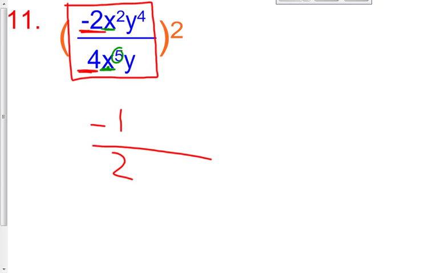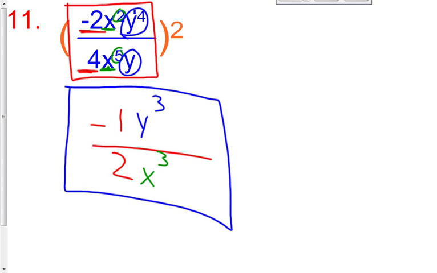So 5 minus 2 is x raised to the 3rd power. And now I have my y to the 4th divided by y raised to the 1st. So there's more y's in the numerator in this case. So I'm going to subtract 4 minus 1, making y cubed. So it's a negative 1 y cubed over 2x squared. And there's my answer on that one.